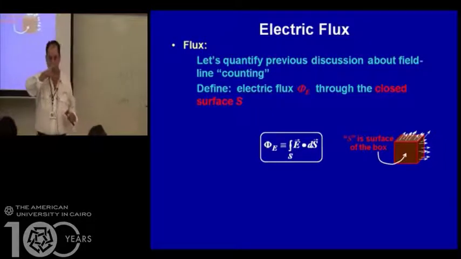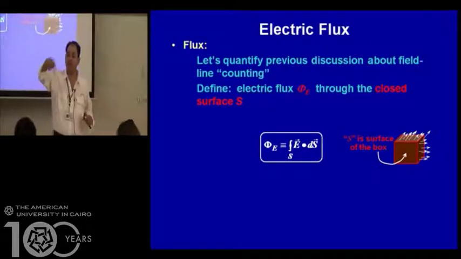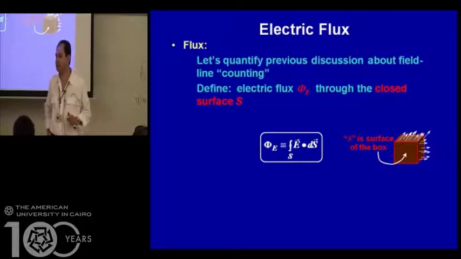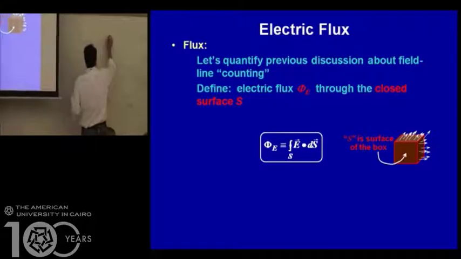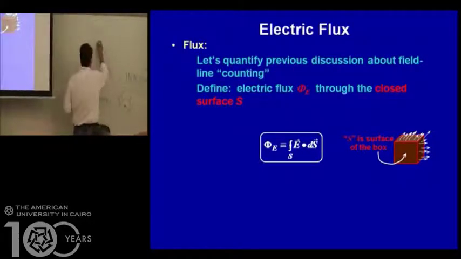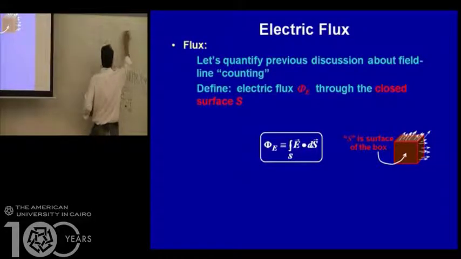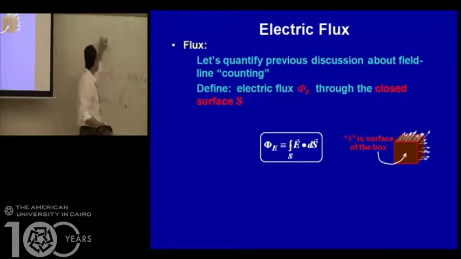But is the electric field from a point charge a constant electric field? Why not? Because we know that the electric field from a point charge equals K Q over R squared. You change R, the electric field changes.